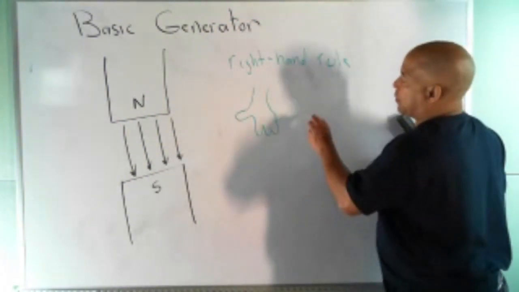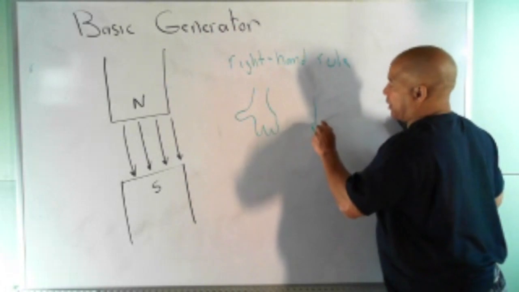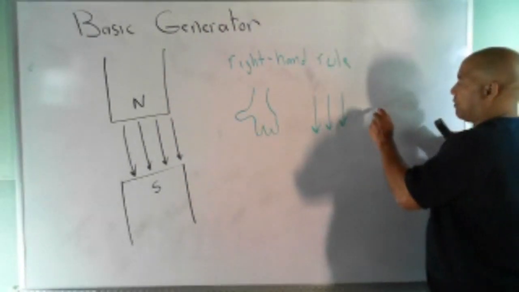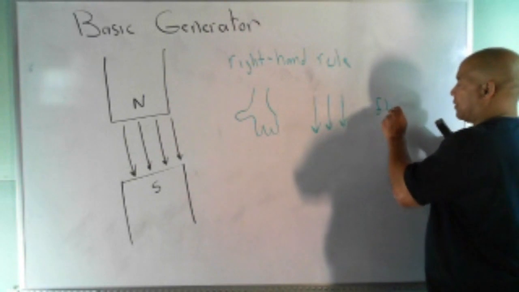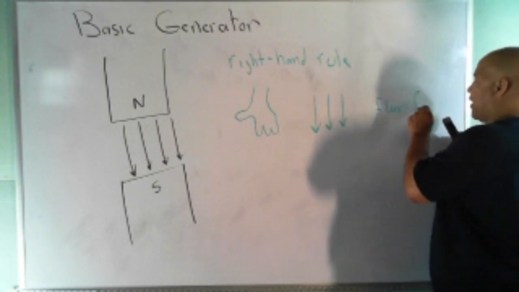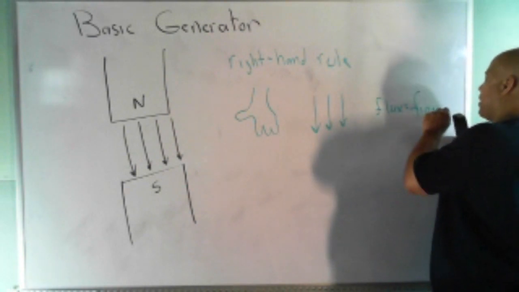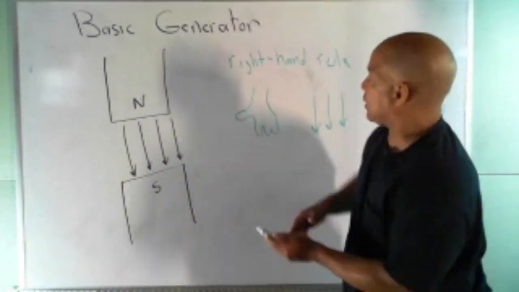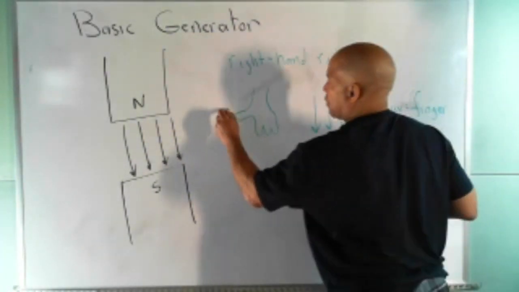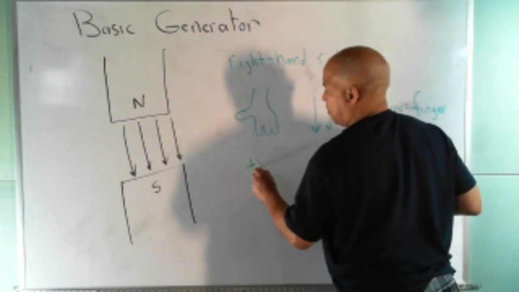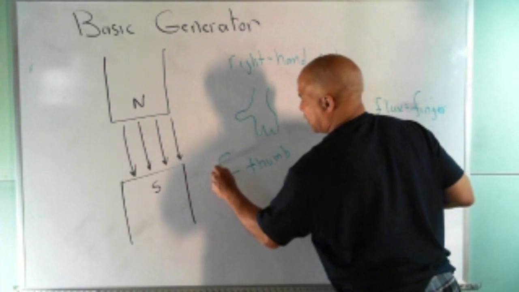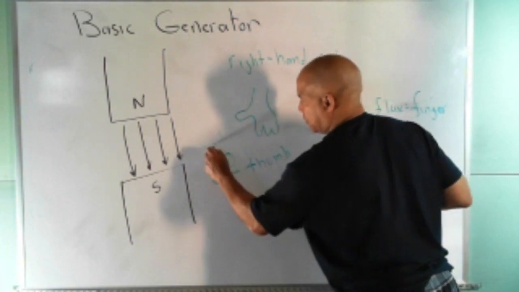So your fingers point in the direction of flux. So that's flux: flux equals fingers. Your thumb points in the direction that the charge is moving. So thumb is the direction the charge is moving.